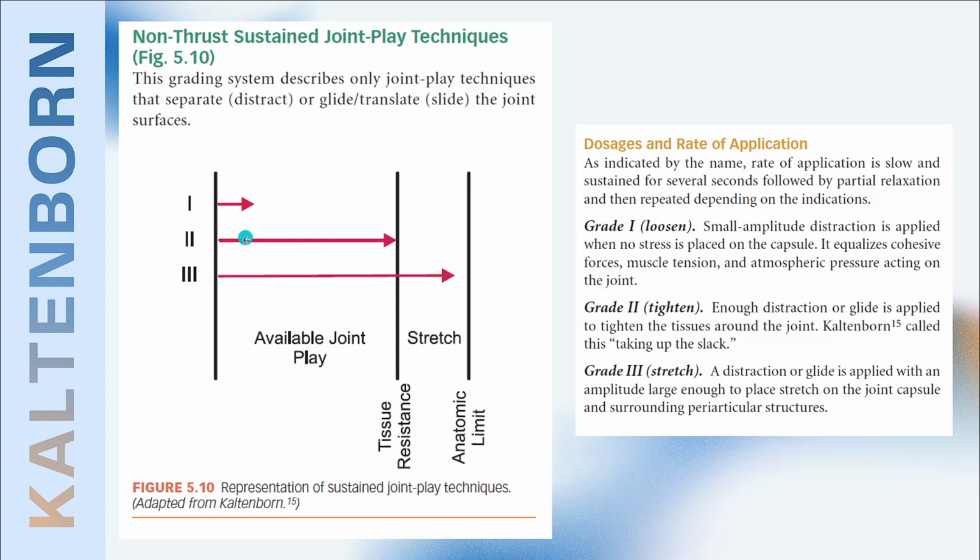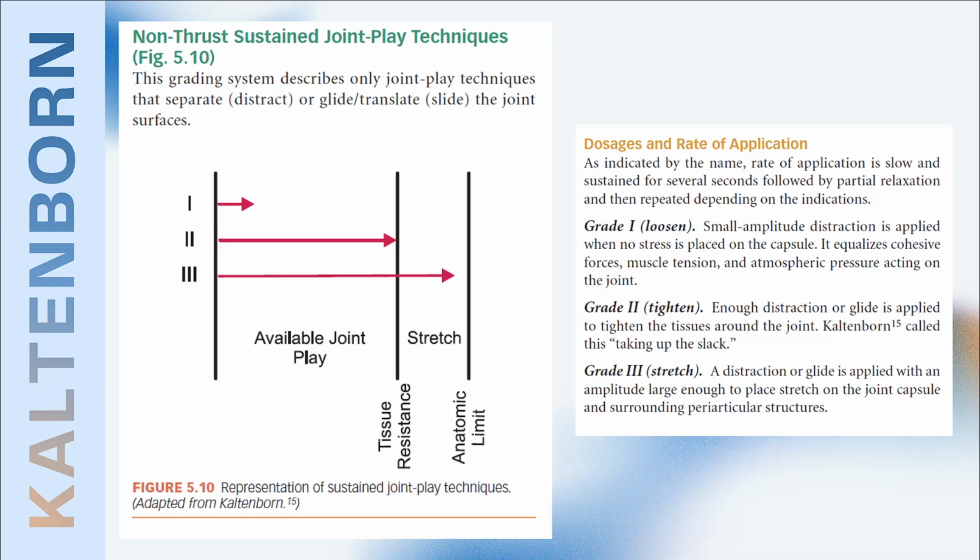Tighten, however, you're going into the limit of tissue resistance. Kaltenborn called this taking up the slack. So you're pushing a little bit further until you reach tissue resistance. If you feel that the two bones have distracted and have reached tissue resistance, then that's when you stop for grade 2.